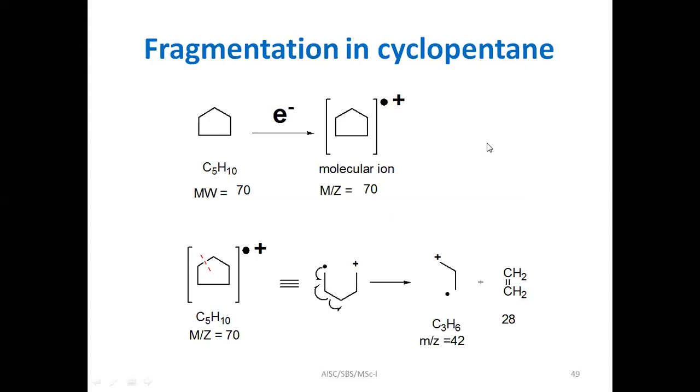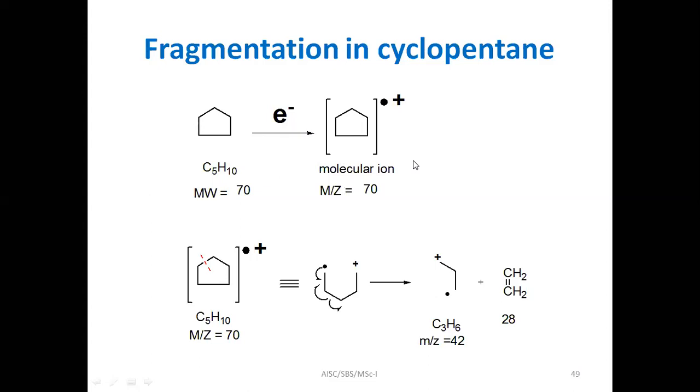Its molecular weight is 70, and when you bombard with electron, it loses one electron, getting positive and dot. So its molecular ion peak m by z is 70, that is your M plus peak.